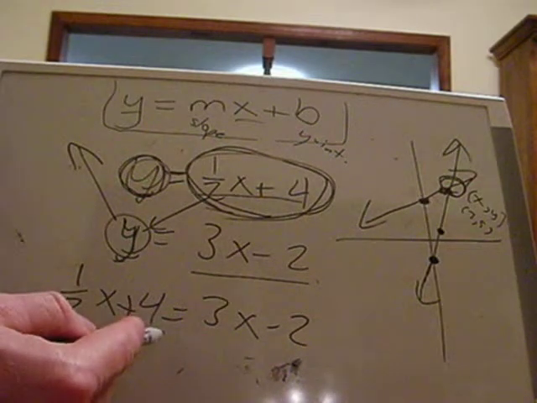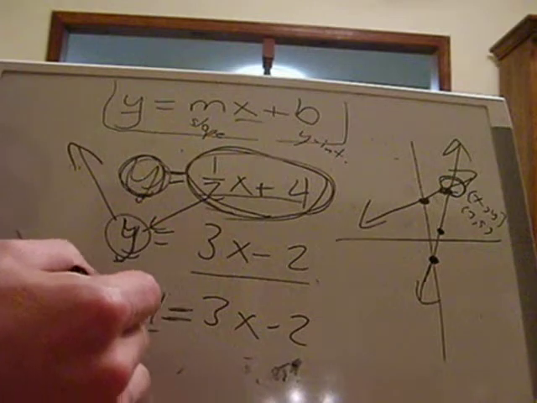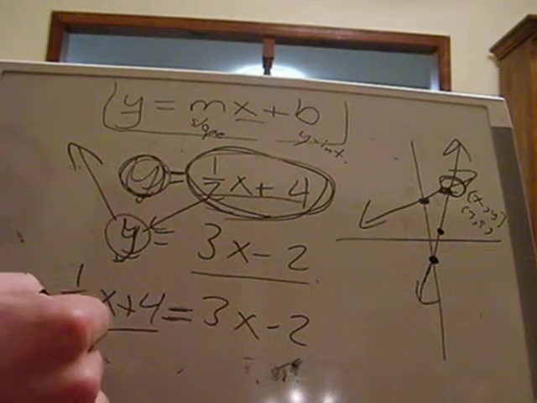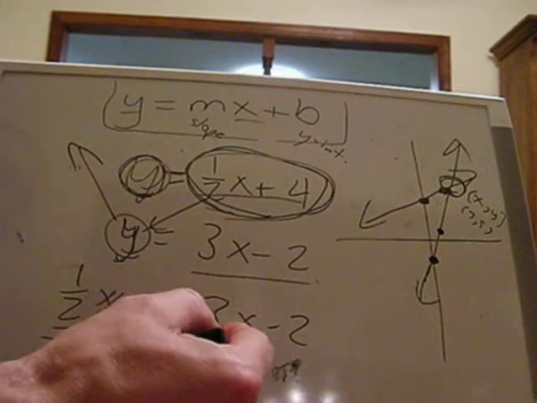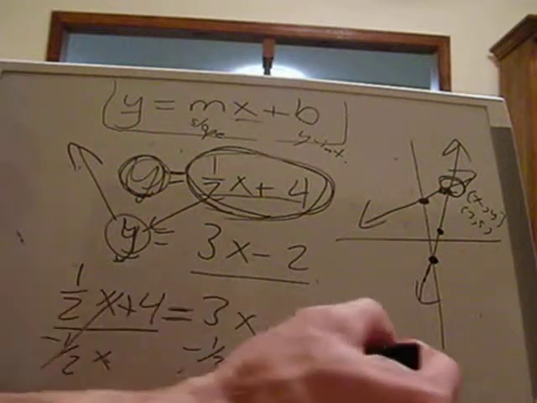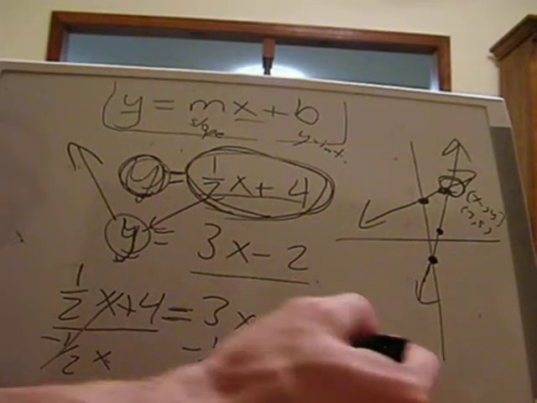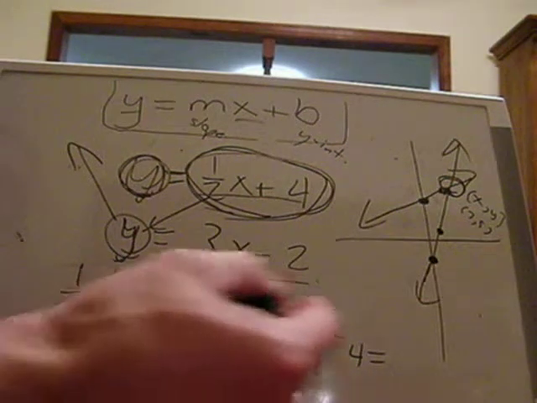And now I'm just solving an algebraic equation. So we want the x's on the same side of the equals. So I'm going to subtract this 1/2 x from this side to cancel it out, and then I'm going to subtract it over here to keep the equation equal. So now I'm going to have 4 equals, because this is gone, 3 minus 1/2 is 2.5.